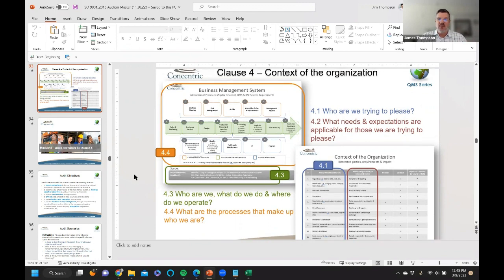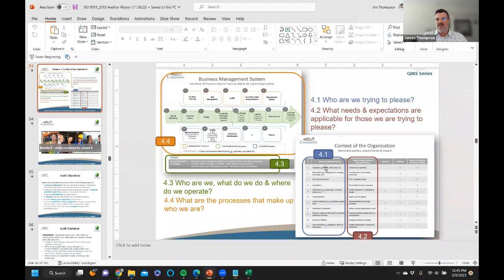And you don't need that. You can do that with a simple 1-pager just to show, here are my processes, here's the scope of the QMS, here are the interested parties we're trying to please, and here are the needs and expectations of those interested parties. That could be a 2-pager. That could be one document that's 2-sided, and you'd be good to go.